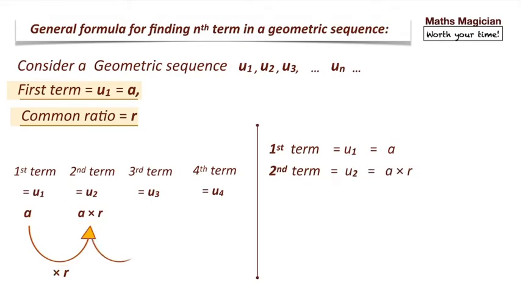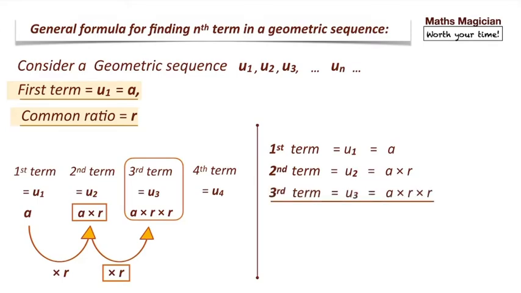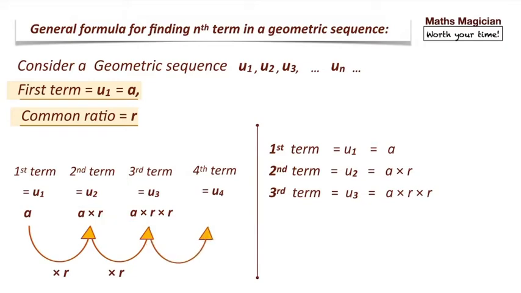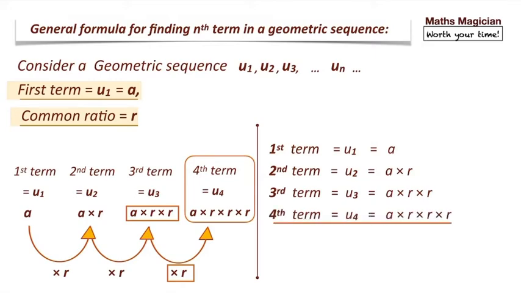Now we multiply the common ratio r with the second term and get the third term, a multiplied by r squared. We write this also on the right side. Again, we multiply the common ratio r with the third term and get the fourth term, a multiplied by r cubed. Let's write it on the right side.